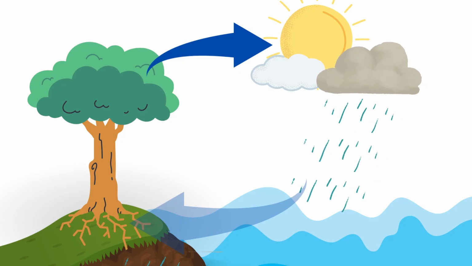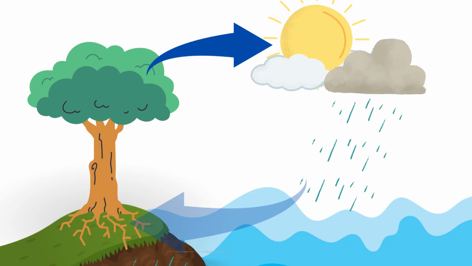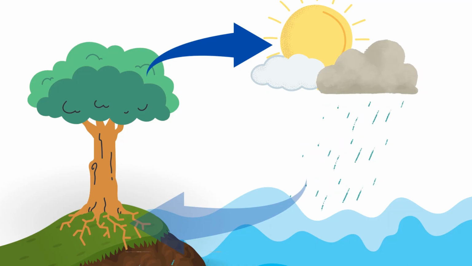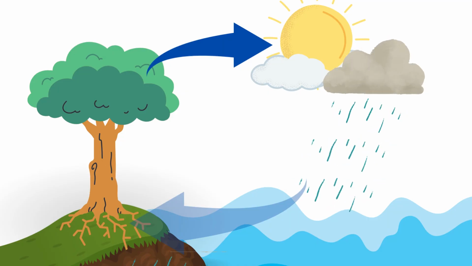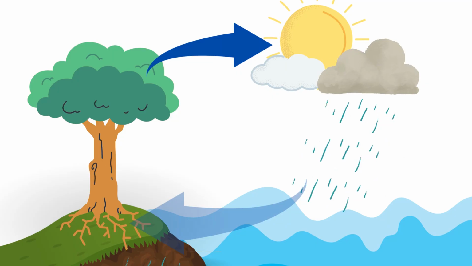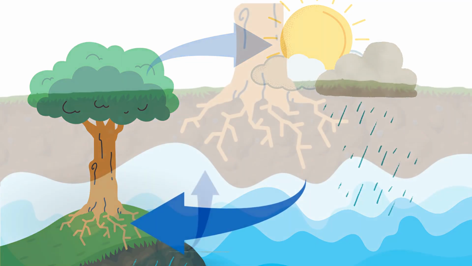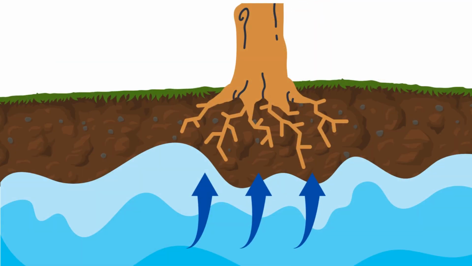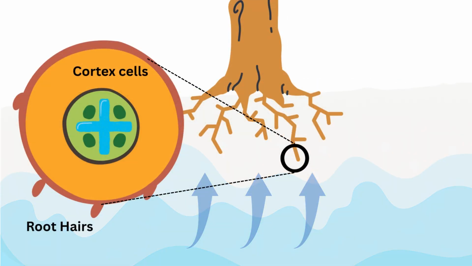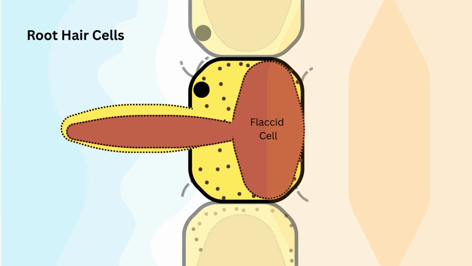So, water is a medium of life. It must enter and leave plants for the biological water cycle to complete. Water enters a plant through its roots, more specifically through special cells called root hair cells. These tiny projections increase the surface area of the root, making it easier to absorb nutrition and water from the soil.